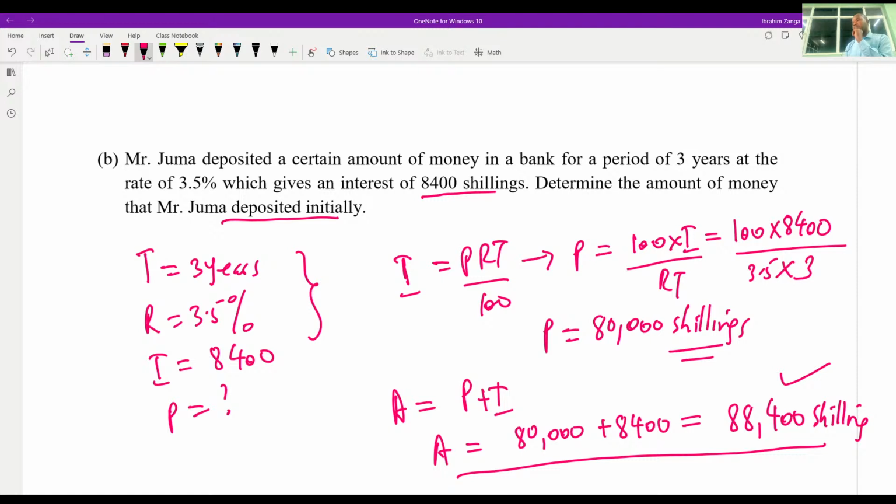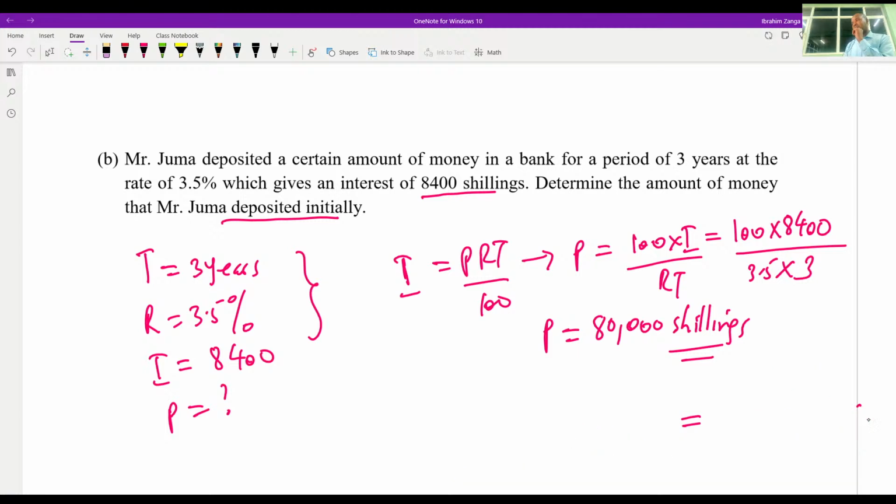Determine the amount of money Mr. Juma deposited initially. An apology. We are looking for the amount Mr. Juma deposited initially. So basically we are looking only for the principal, not the amount after 3 years.